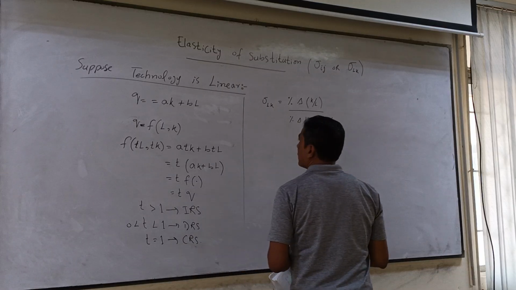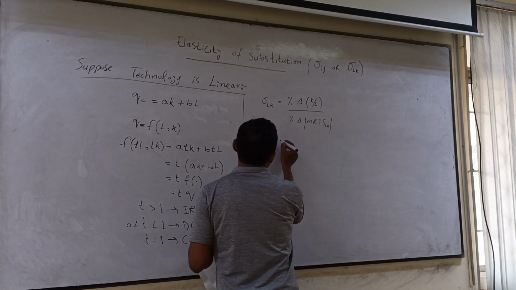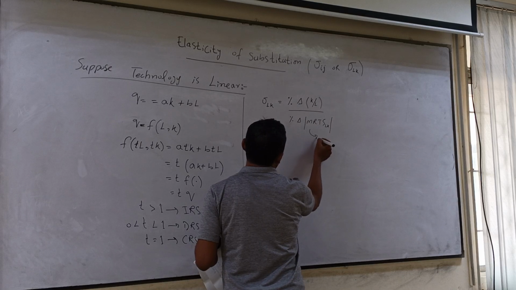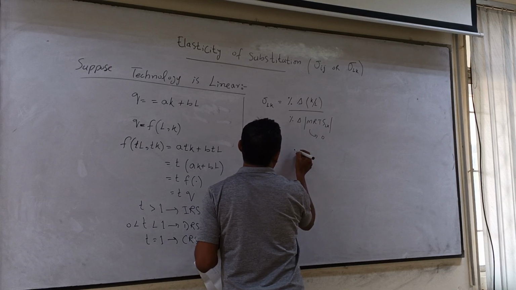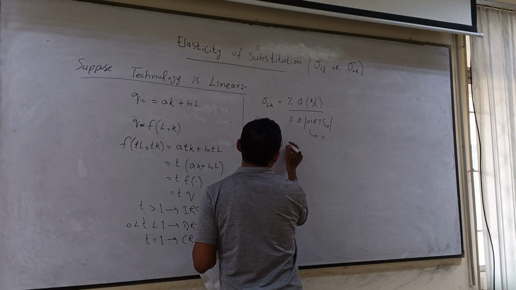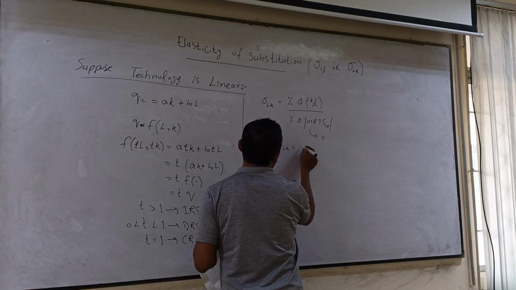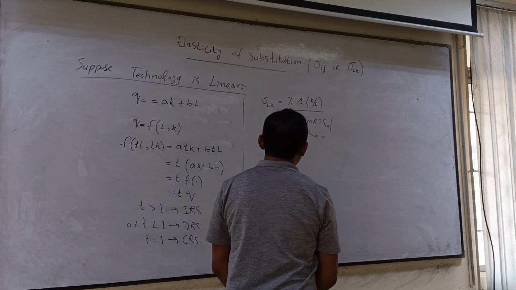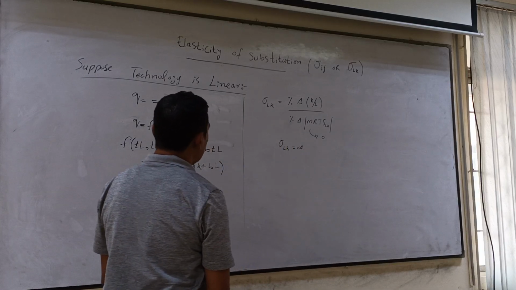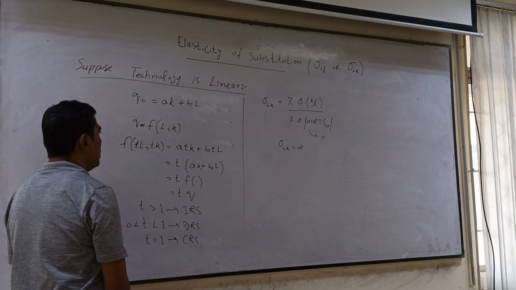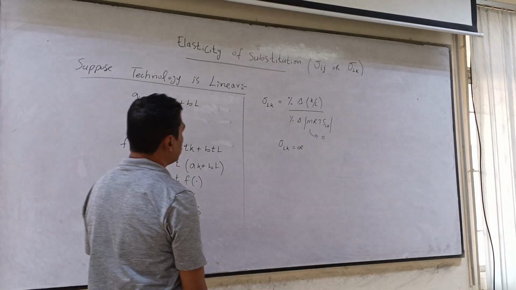Okay, so this percentage change is 0. So sigma labor and capital is infinity in case of perfect substitution or linear technology.